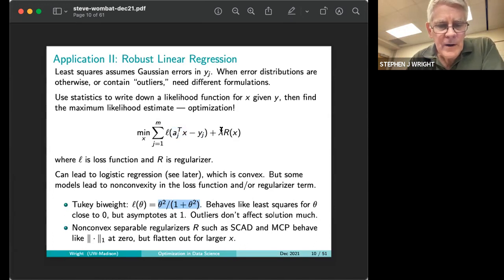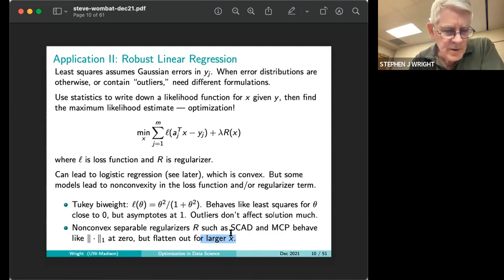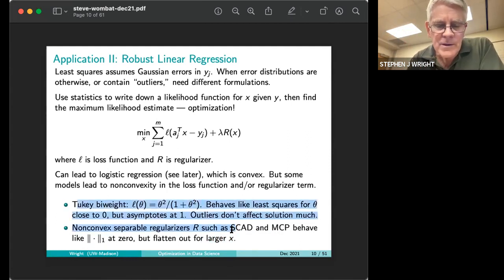And then there are also different kinds of regularizers you can use. Some of them are like L1, but again, they flatten out when the X gets larger. So in other words, they're not thrown out by large components in X. And there are all sorts of statistical analyses of when different loss functions and different regularization functions are useful and have good statistical properties, good robustness properties, and so on.